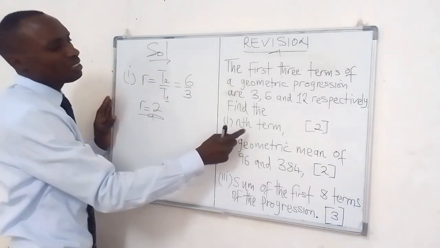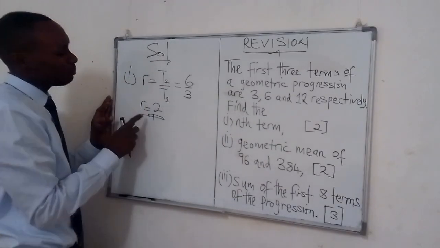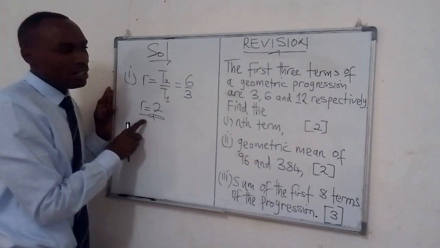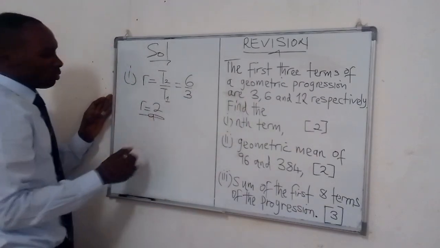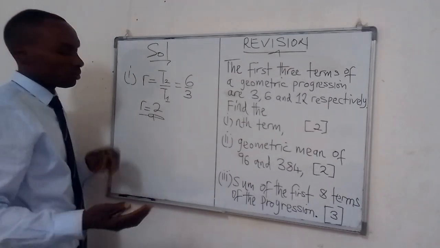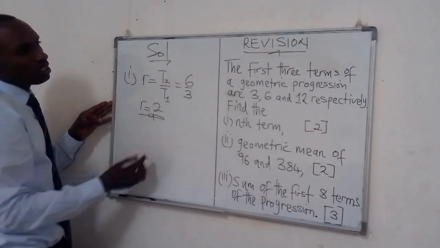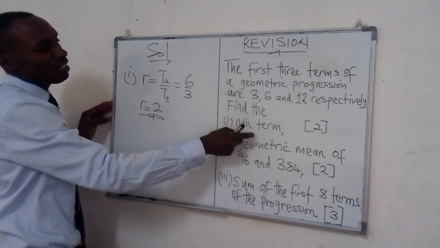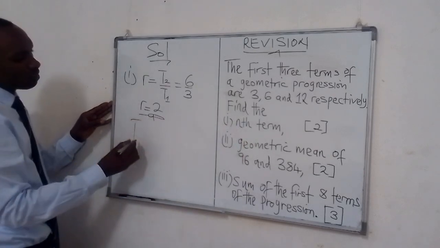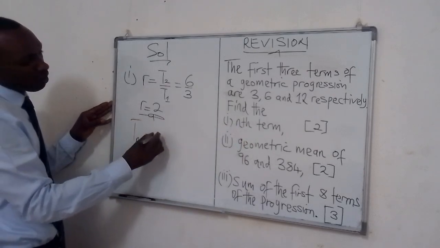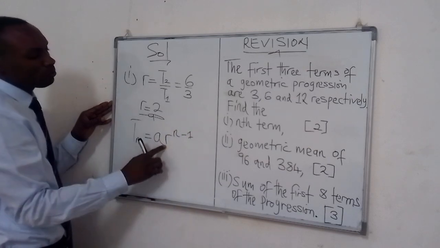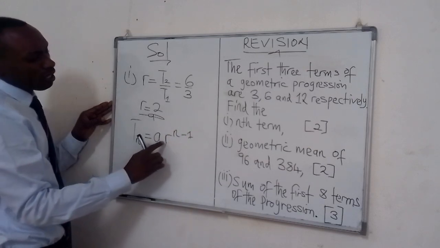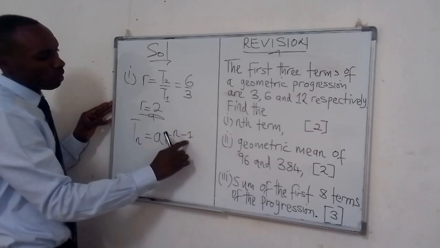Then, to get the nth term, since we have R and we also have the first term, which is 3, we are going to use the general formula. The general formula for the nth term of a geometric progression is Tn equal to A R to the power n minus 1.